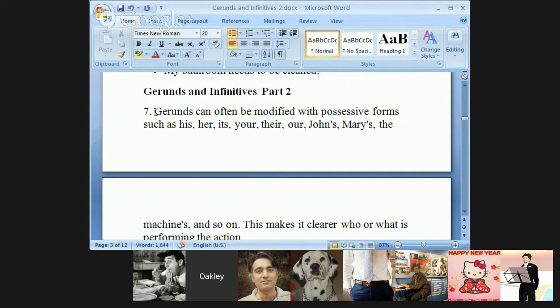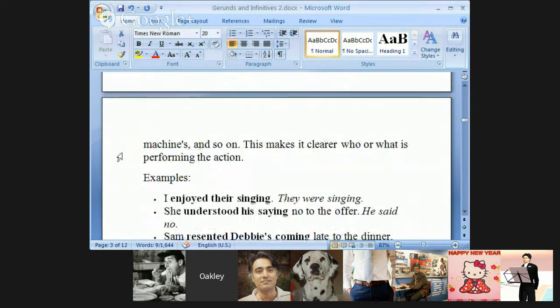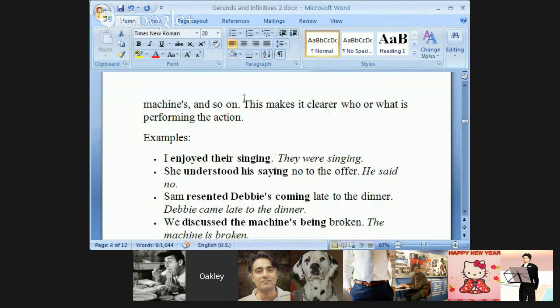Here's another point. Gerunds can often be modified with possessive forms. Possessive pronouns: his, her, its, your, their, our. John's, Mary's, the machines', and so on. This makes it clear who or what is performing the action. This is very common.